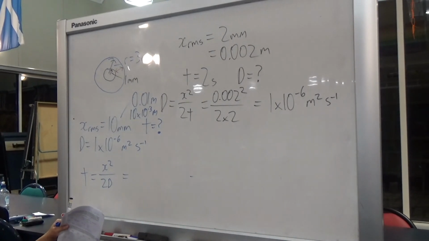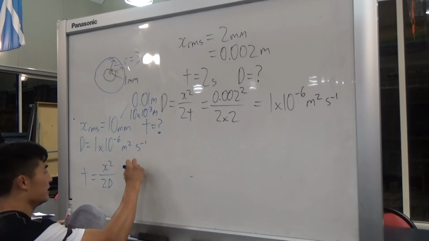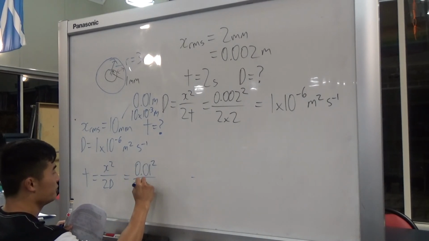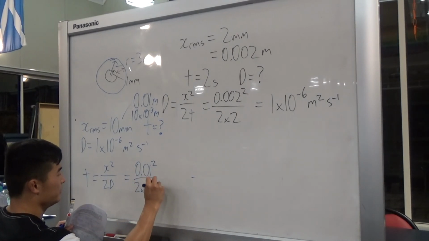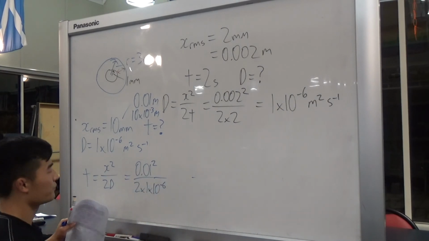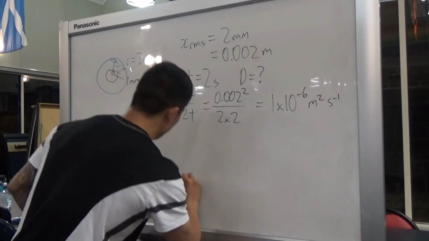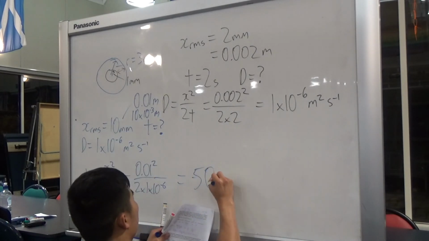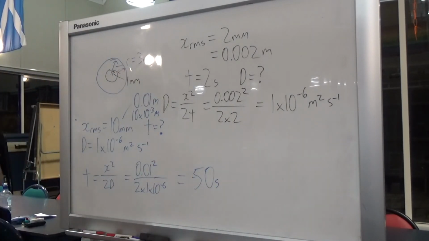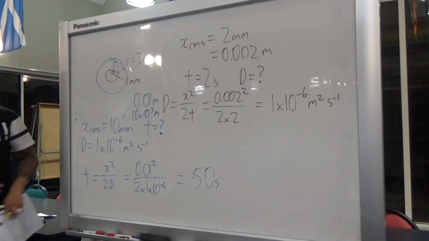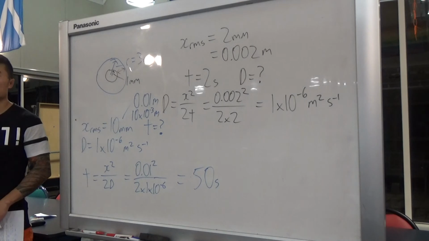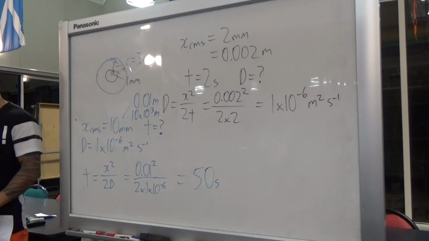As long as you convert it into meters, it doesn't matter which one you use, so I'll just use 0.01 squared over 2 times 1 times 10 to the negative 6. And that will give you 50 seconds. Okay, any questions?